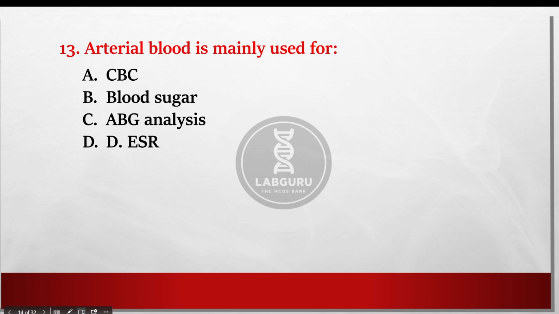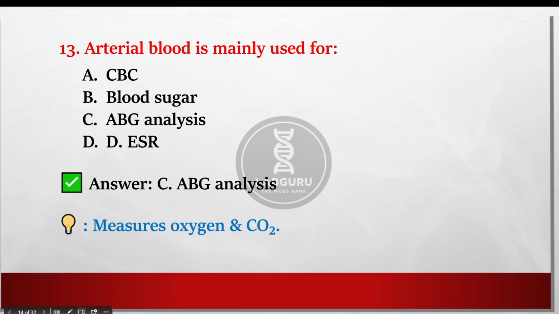So the arterial blood is used for arterial blood gas analysis, and the most preferred arterial site for the arterial blood collection is the radial artery. And the ABG analysis includes the measurement of oxygen, carbon dioxide level, bicarbonate, and pH also.